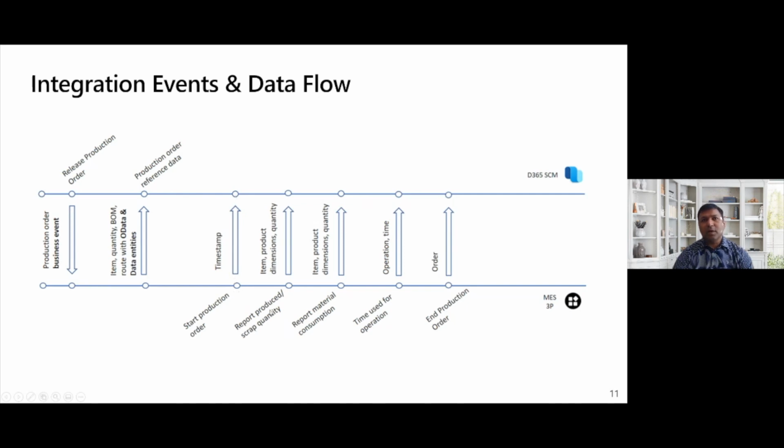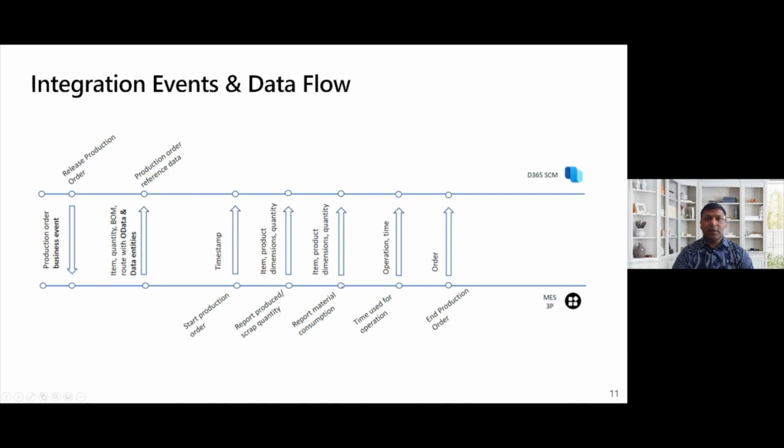Also, as production progresses and we start producing finished goods, the MES system can send a set of messages to report production. This is similar to posting your report as finished journal, and it can send item, product dimensions, quantity, and all the information needed.